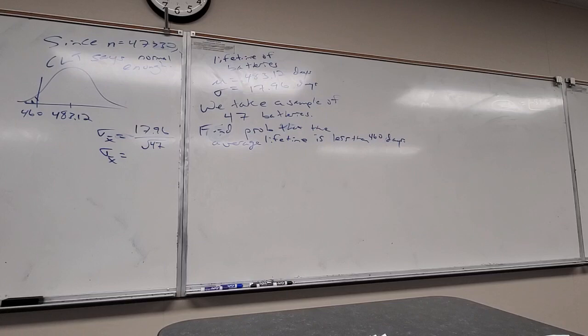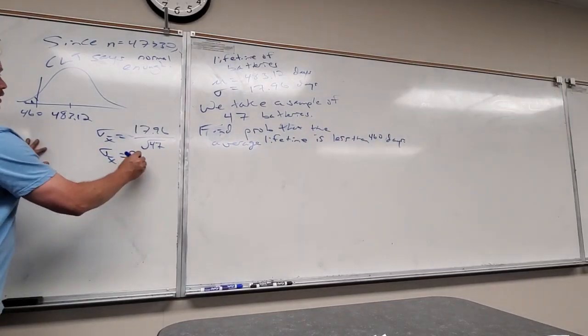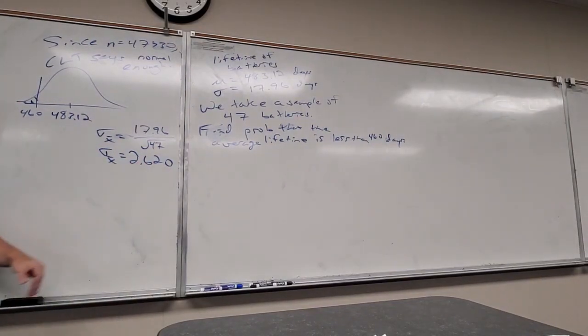I'm going to say 2.61. What is it? 62. Sorry, 2.62. 2.6197. Okay, so I'm okay with 2.62. I like it.